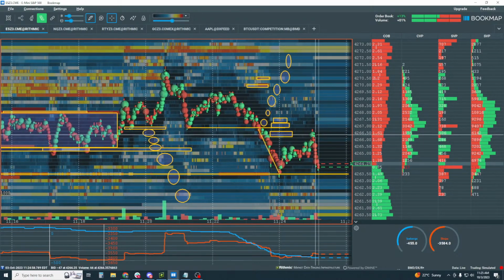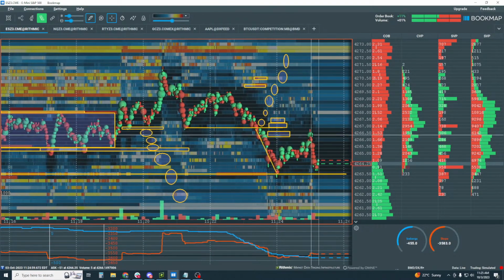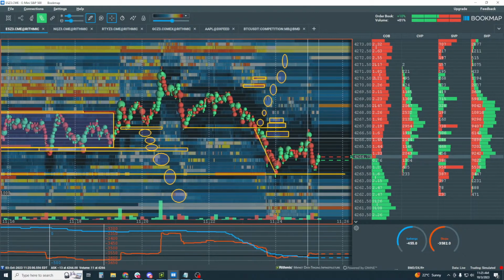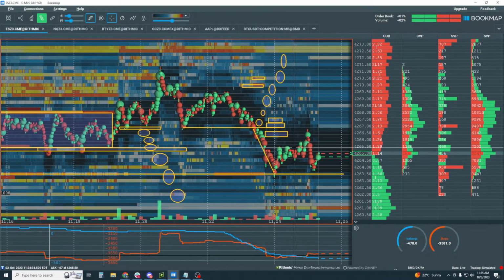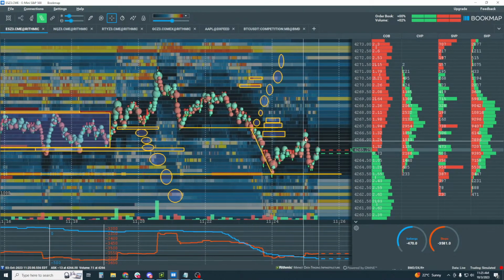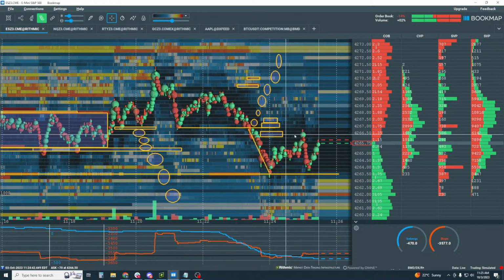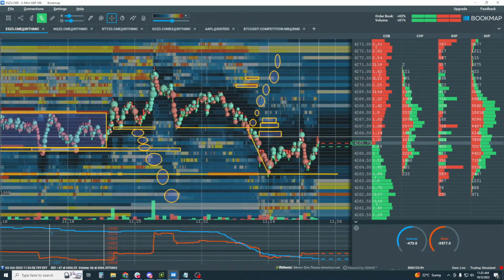So low volume pullback, yeah, kind of, not really. I don't know about that. On this volume in here, we are looking for very few buyers to trade back up to retest this area here, and this isn't really convincing.